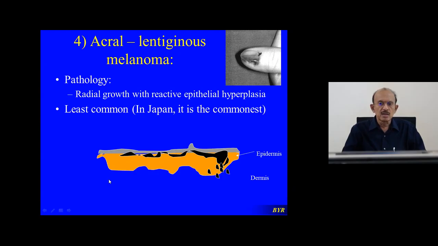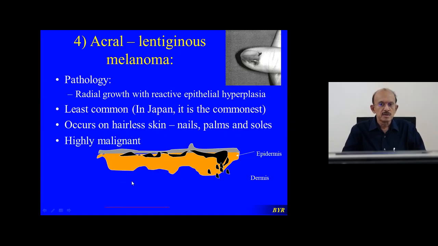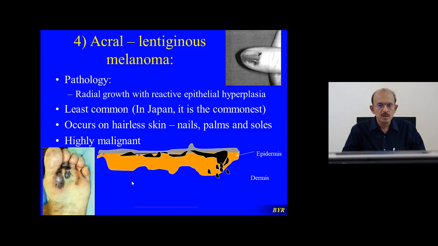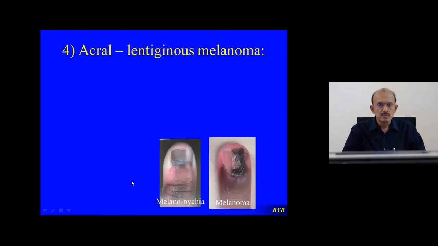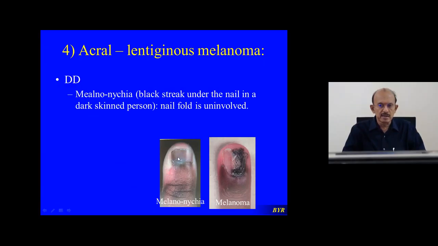This is least common. It occurs on hairless skin like nails, palms, and soles of the feet. It is highly malignant lesion. It has to be differentiated because it occurs in nails. In black-skinned individuals, the nails also will be pigmented.